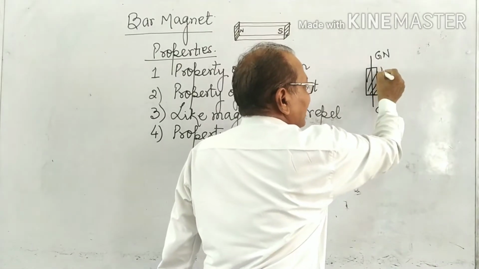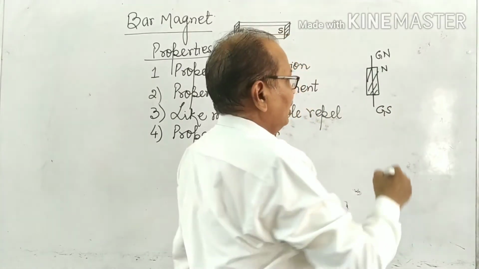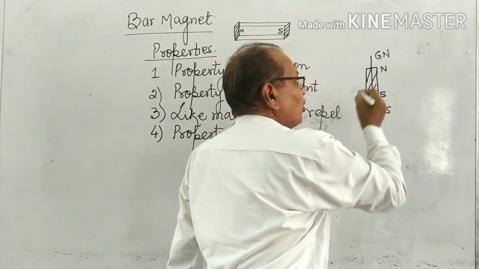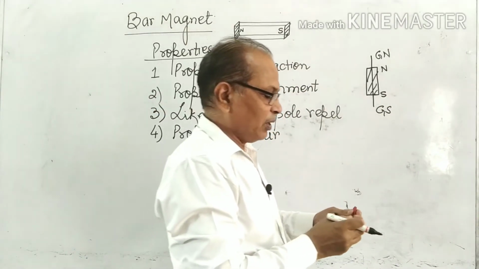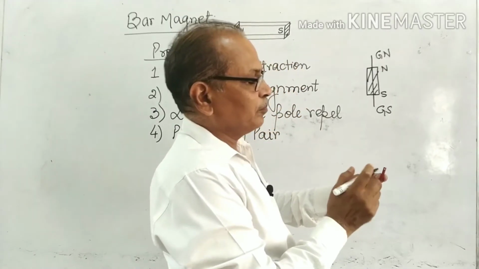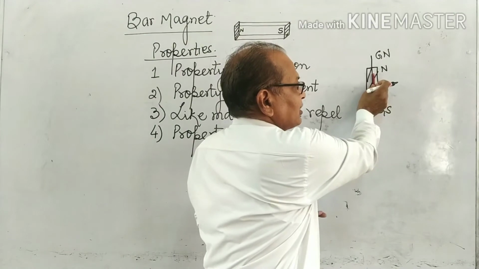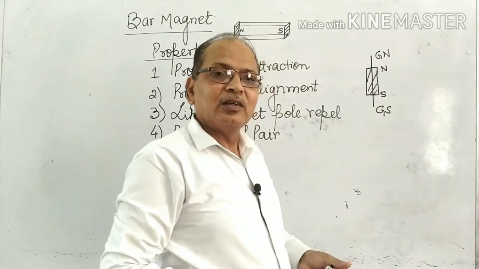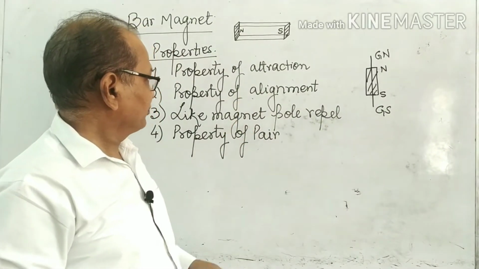The north of the magnet is always towards the geographical north and the south of the magnet is always towards the geographical south. Therefore, it has the property of alignment.